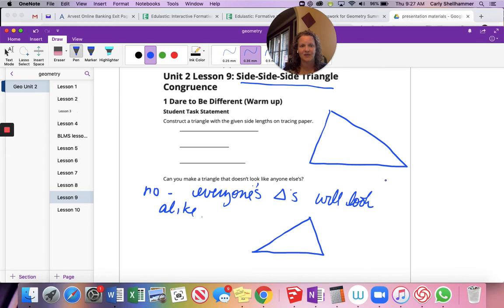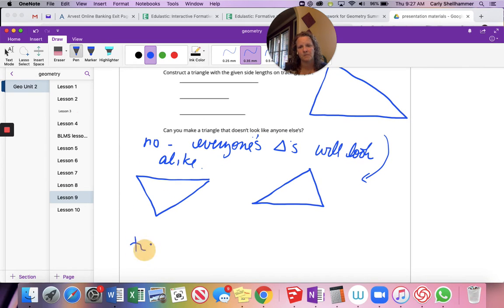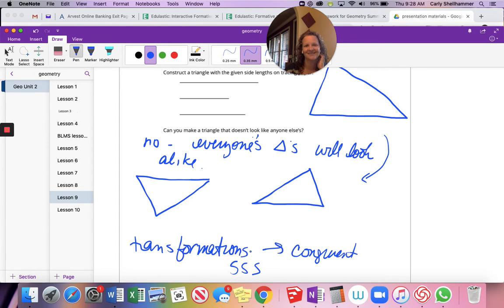Yeah, where it's just a reflection of that one. Or maybe someone's triangle will look like this. Yep, reflection. So they may be transformations of each other, but congruent, because of side, side, side.